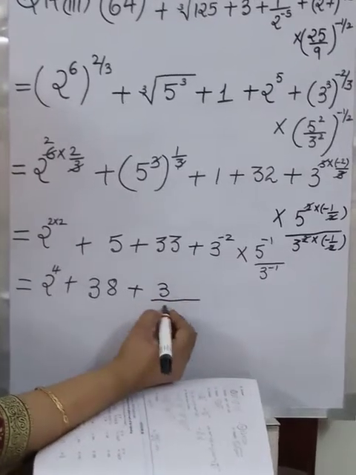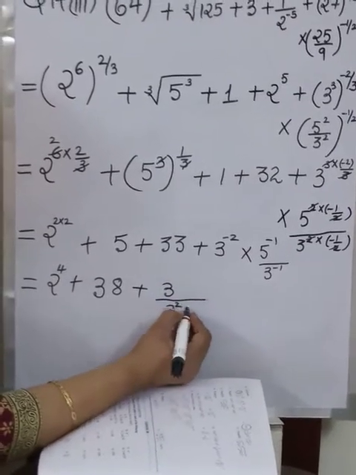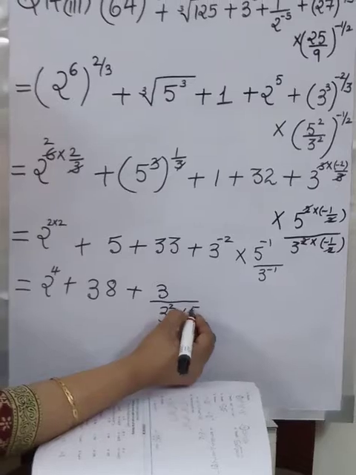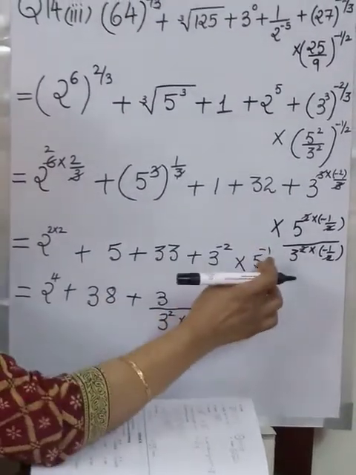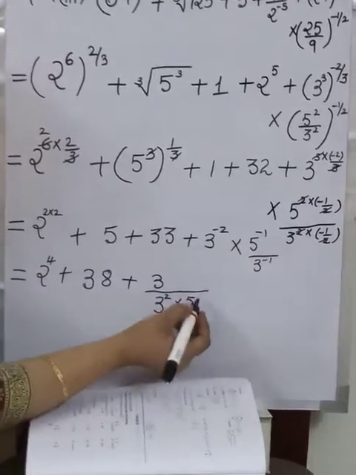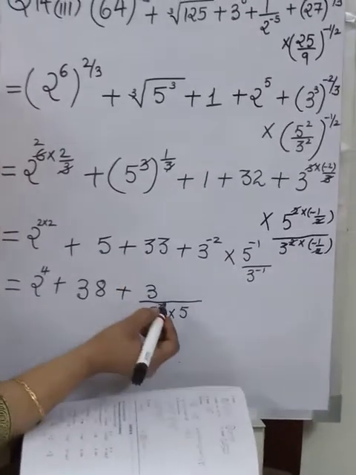Now we convert the negative into positive index, so 3 to the power 2 will go in the denominator and 5 to the power 1 will also come in the denominator. As we do not write plus 1, nothing is written and it is plus 1 only.